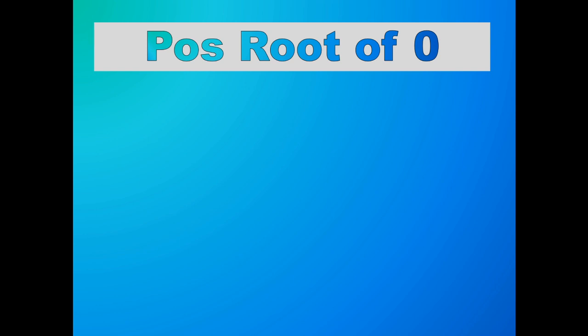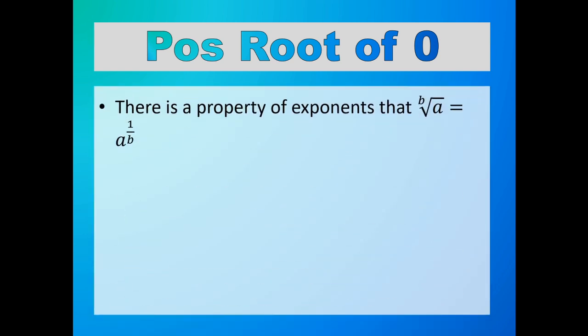Here is another way to explain that the positive root of 0 is 0. The property of exponents that the b root of a is equal to a to the 1 over b. I explain why this is the case in a future set of videos. I plan to have a link in the description of this video. But anyway, this means that the positive root of 0 is equal to 0 to the 1 divided by positive.